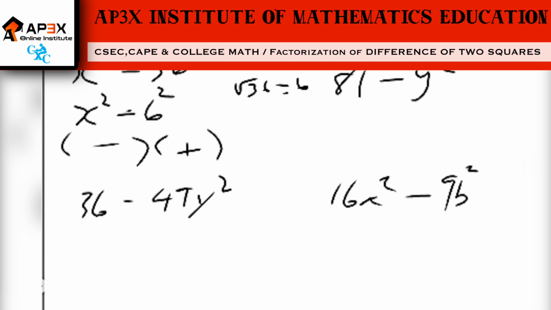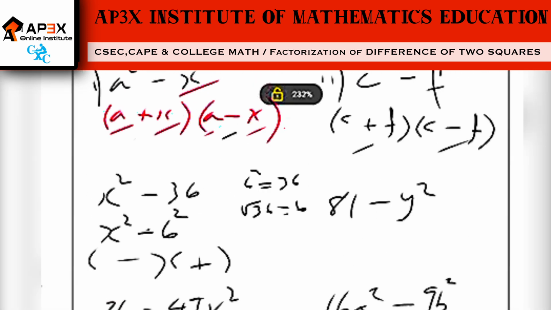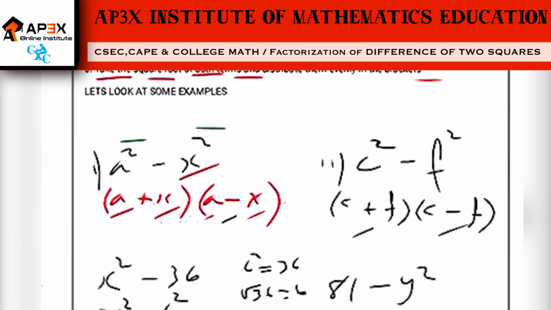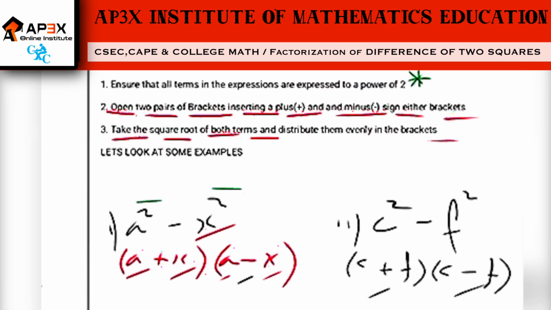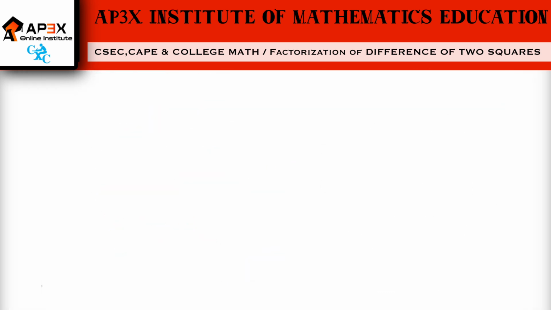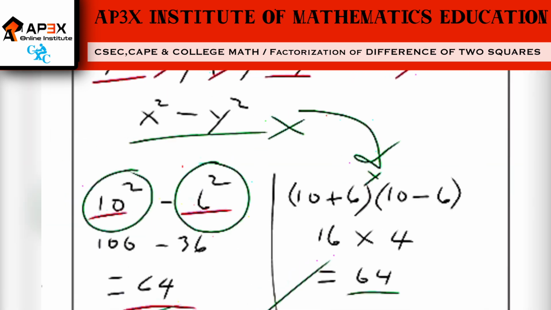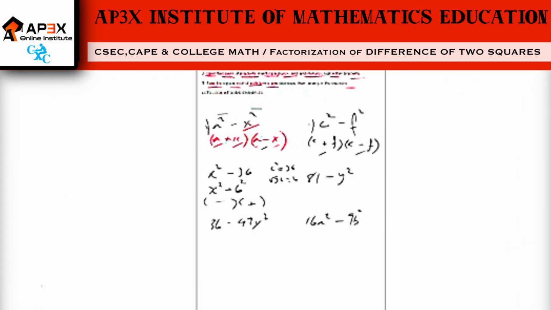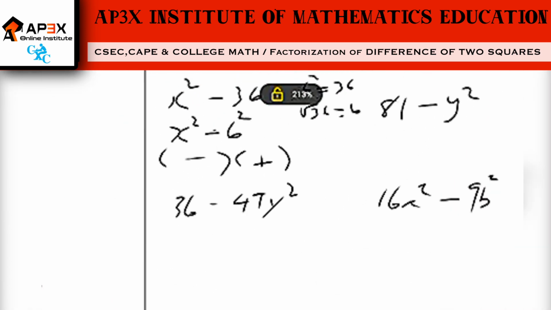No, you're not incorrect. You are in fact correct, because the instruction did not say to put a plus in the first and the minus in the last. The instruction says to put a plus and a minus in either brackets. So you can simply go ahead and put minus in the first and plus in the last.